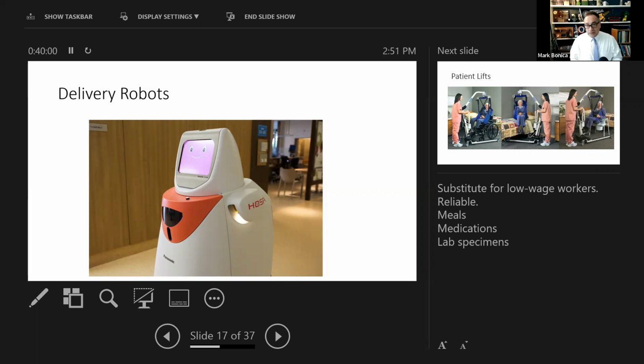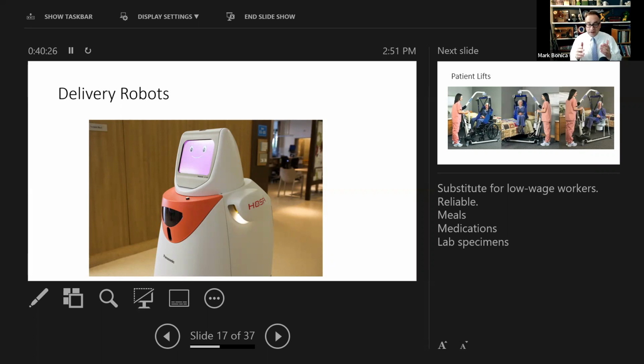And so what this does is it's a substitute for a low wage worker, where you'd have somebody pushing a cart around, picking up lab tests from the wards and then bringing them back down. So we can eliminate the human component.